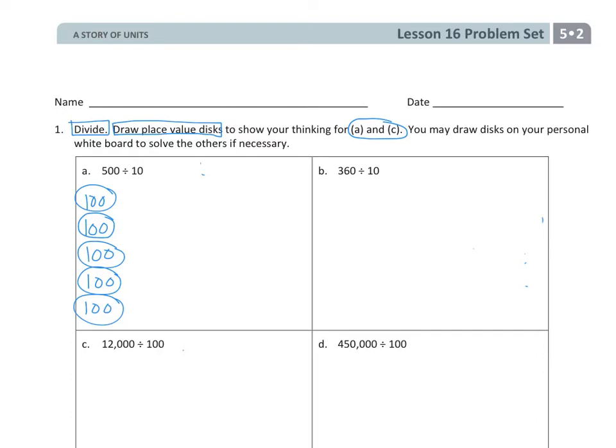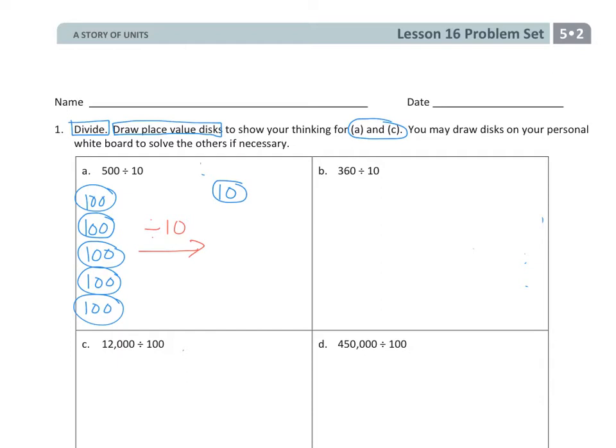And now what we're going to be doing is taking each place value disc and we're going to divide each little disc into 10. So let's start with the first one. Let's think, okay, 100 divided by 10 would give us 10. So we can make a little place value disc that represents 10.